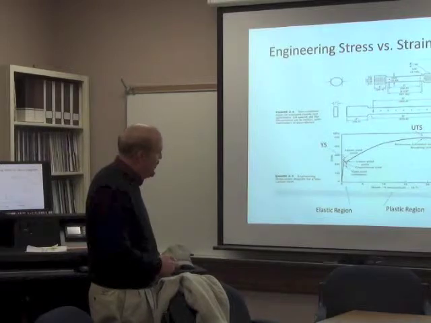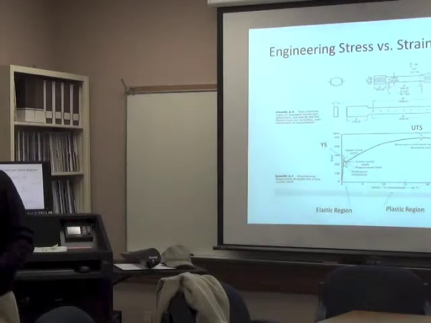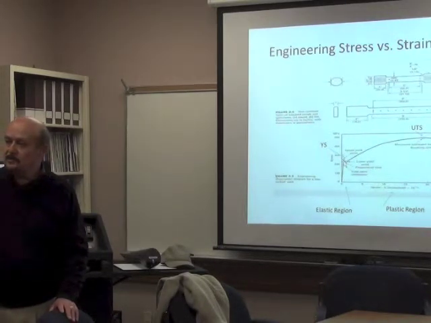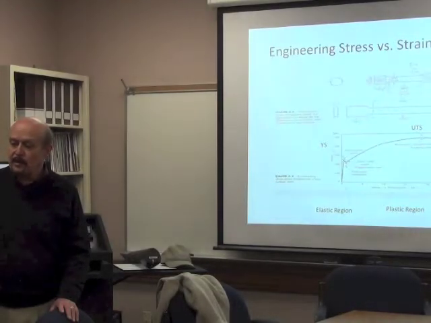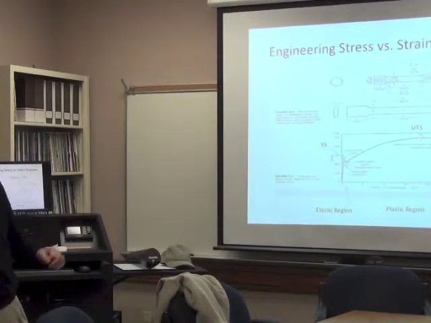Now you might be going like, how could that be possible that this value here is higher than when it breaks? Well, that's because we're really doing the calculation incorrectly. When we calculated the stress, we were dividing by that original area, right? And we kept dividing by A0, and it really is changing all the time.